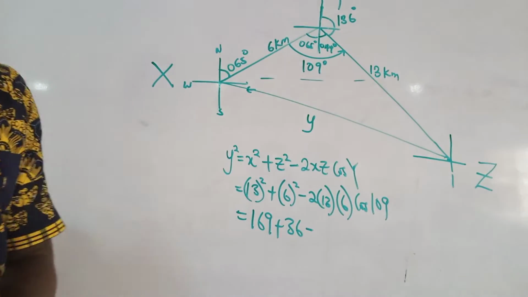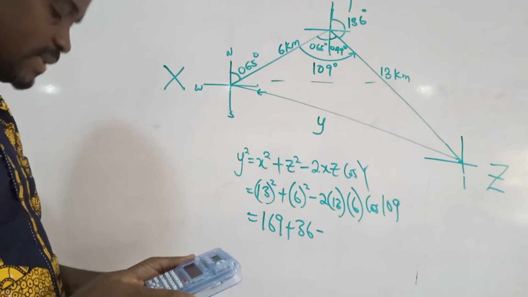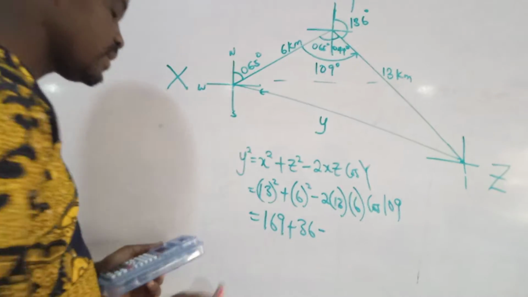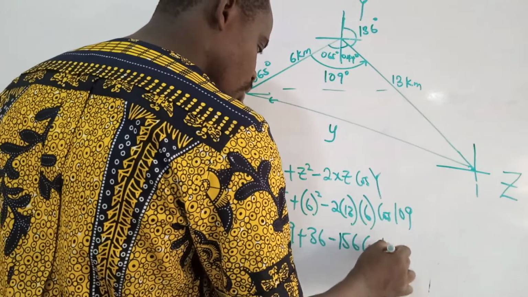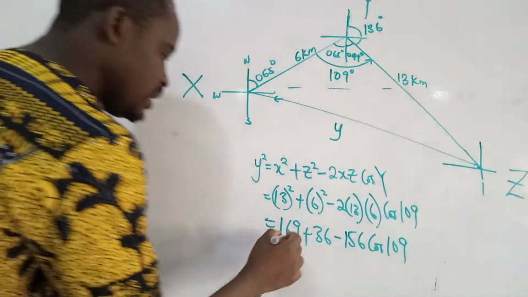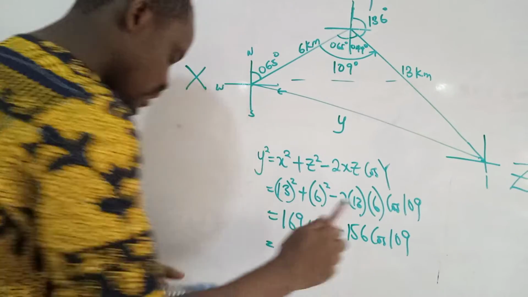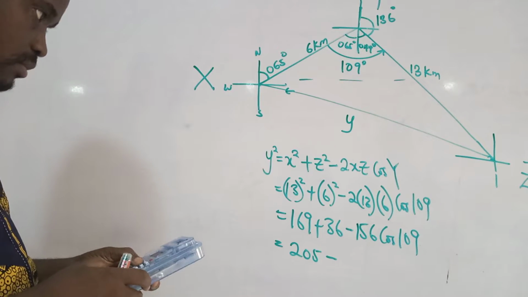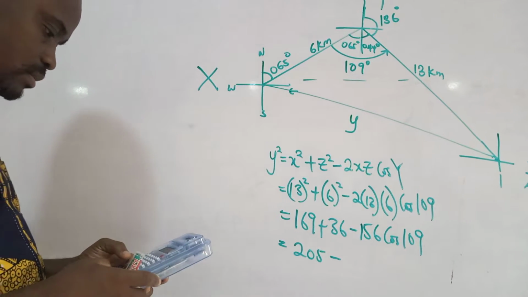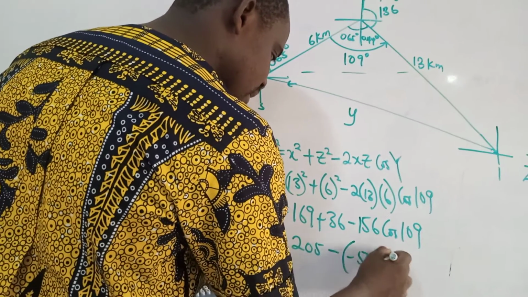Minus, now using my calculator, 2 times 13 times 6, that's 156, cos 109. So from here, this and this will give you 205 minus, what is 156 cos 109? So that is minus 5.78.